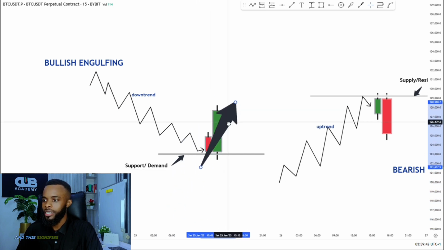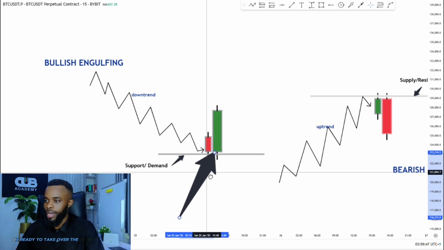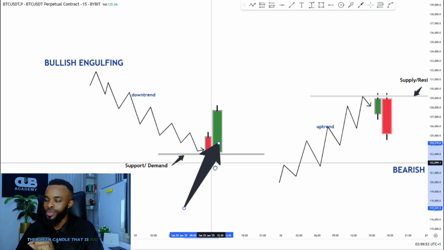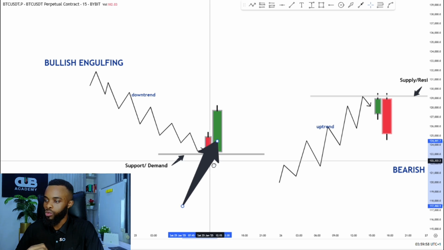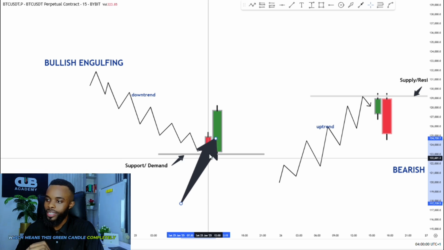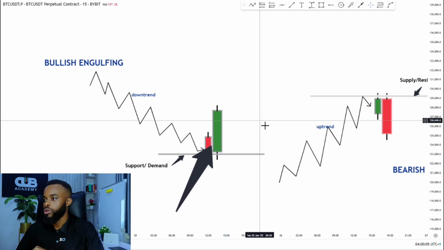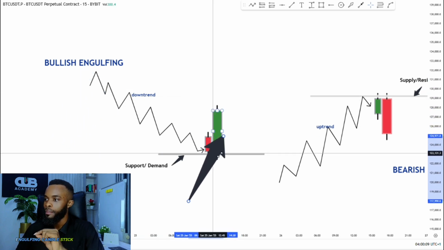This signifies that the buyers are ready to take over the market and push the price to the upside. As you can see, the green candle is big, about twice the previous red candle, which means it completely engulfs or covers the previous candle. So this is what a bullish engulfing candlestick pattern looks like.